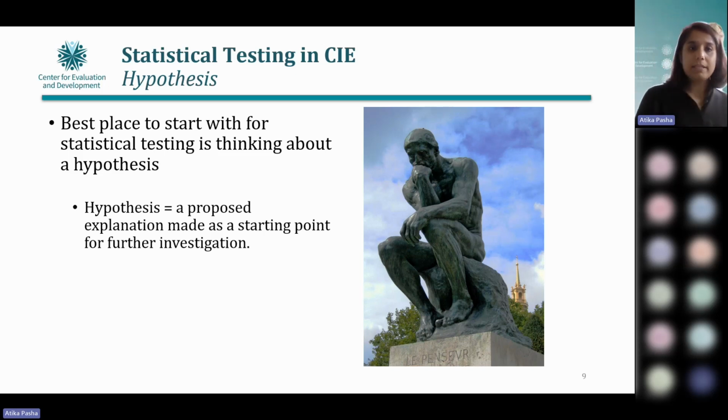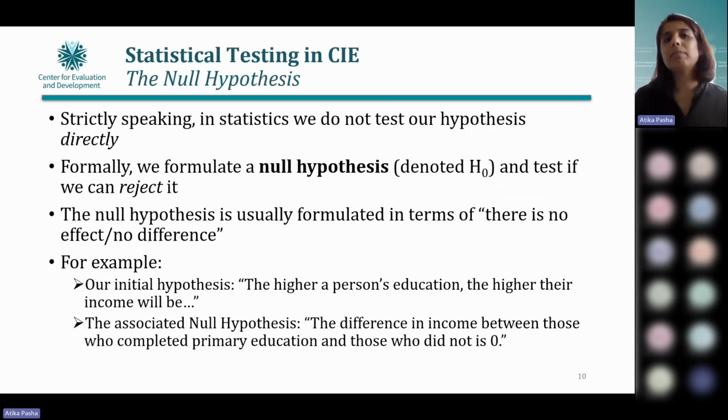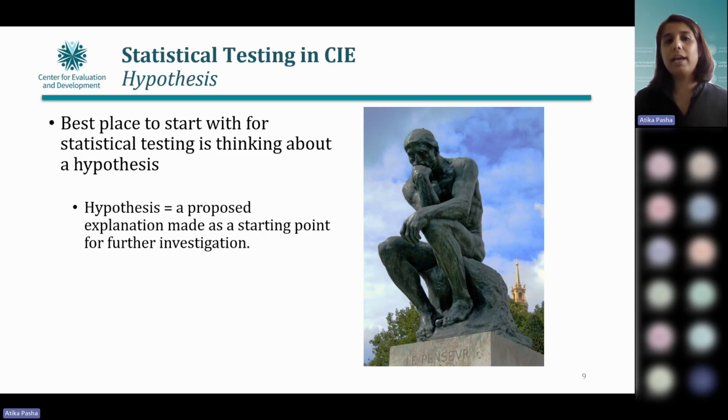A hypothesis is basically a proposed explanation made as a starting point for a further investigation. Now, it sounds very complicated. Basically, we are trying to say that we are already proposing an explanation, and then we see whether or not this needs further investigation, or our proposed explanation is already correct in the first place.